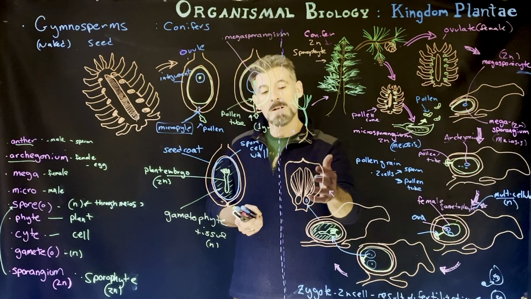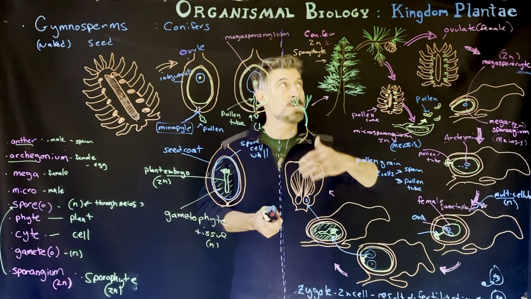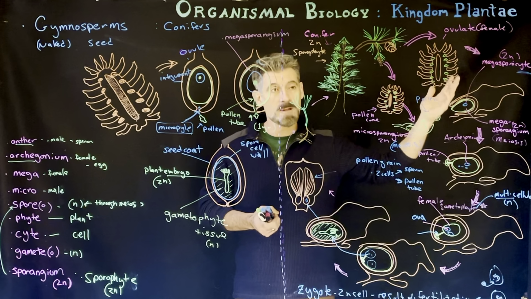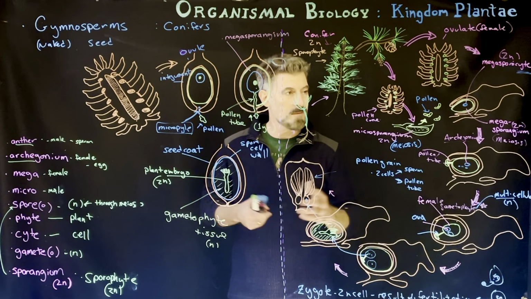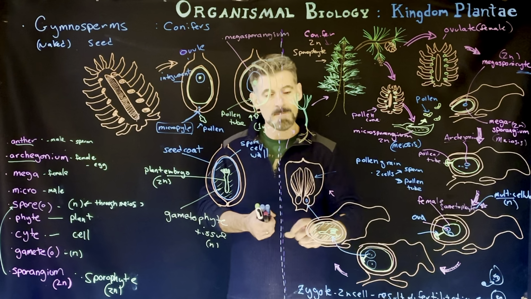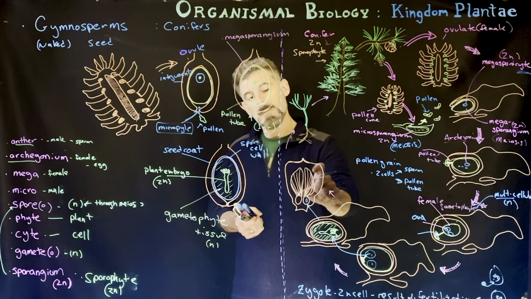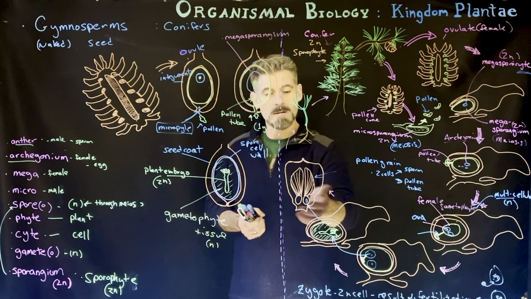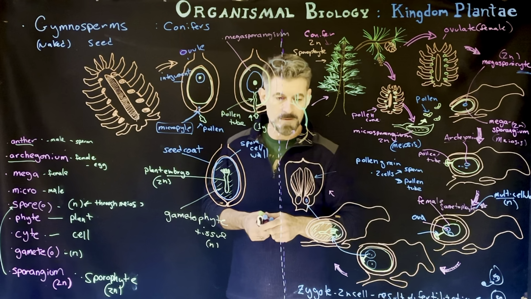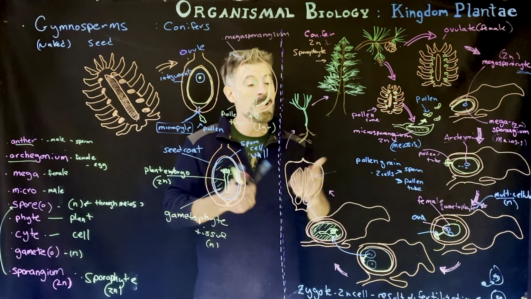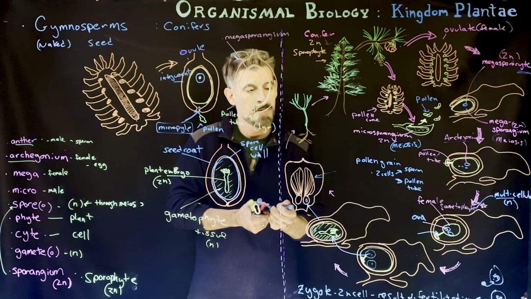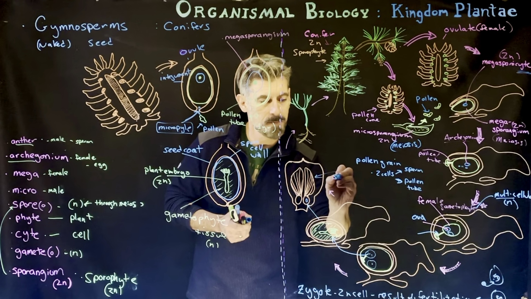So with a greater dispersal distance, there's the potential for greater success, because they'll be trying out different habitats, and then they won't be competing with each other. So you have a sort of scale modification that lifts it in the air, to be carried by the wind, essentially. So this is a type of scale.